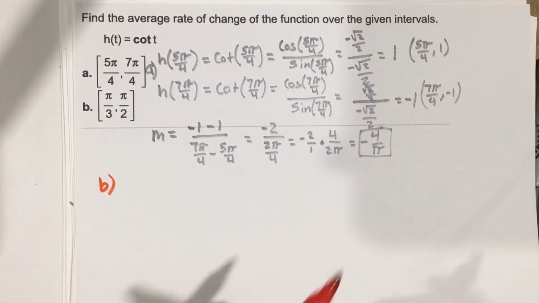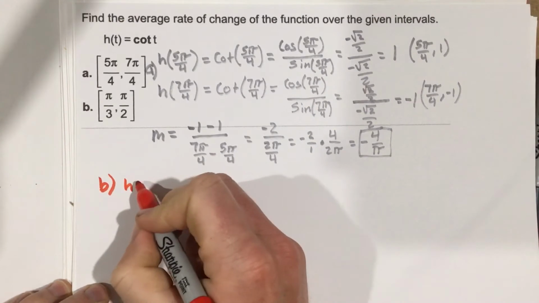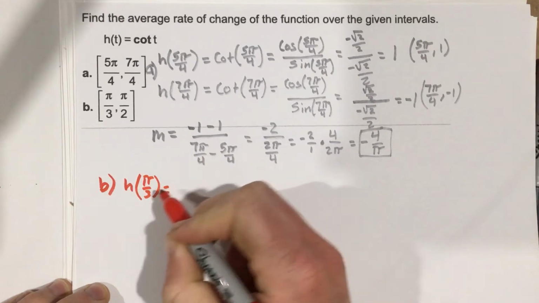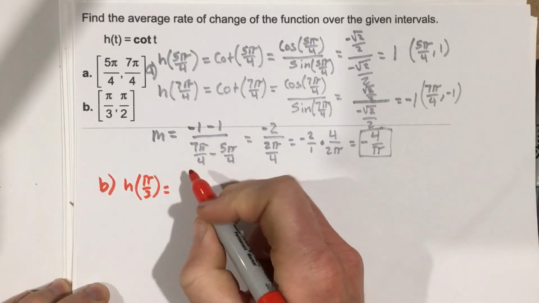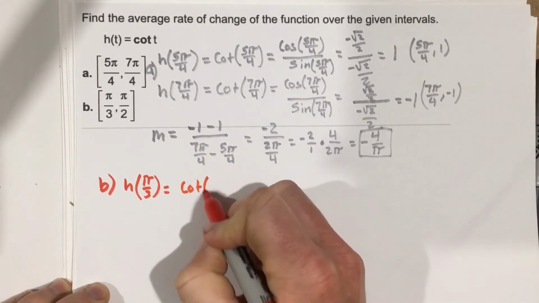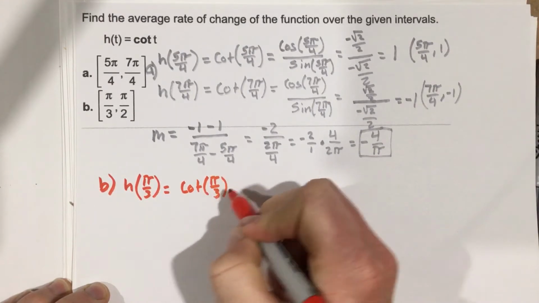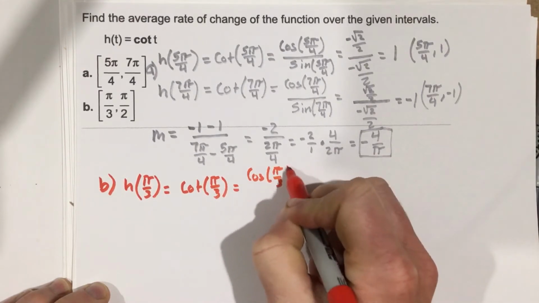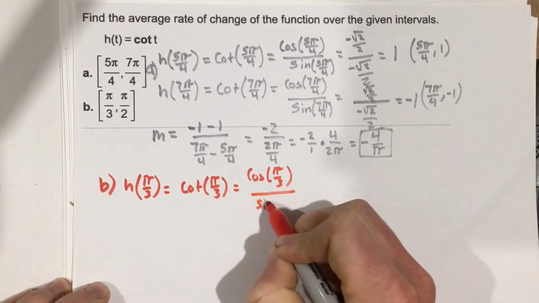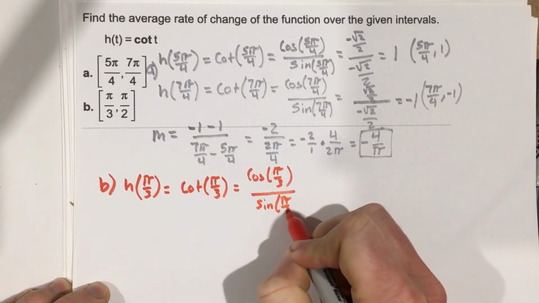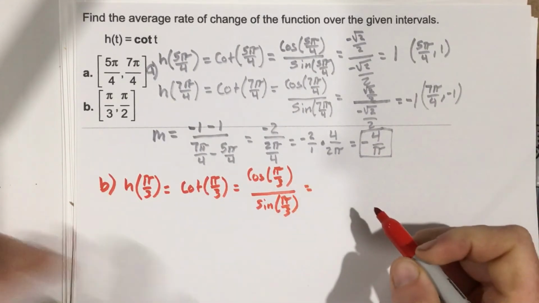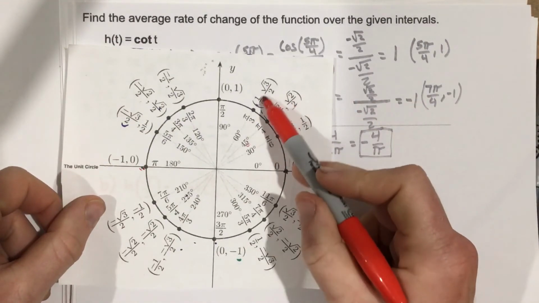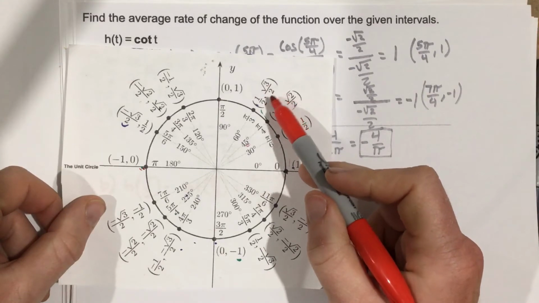We're going to do part B, and let's do part B with a different color. So we're going to go h of pi over 3. H of pi over 3 is going to be cotangent pi over 3, which equals cosine pi over 3 over sine pi over 3. So we go to pi over 3 on our unit circle. Pi over 3 is here. So it's 1/2 and root 3 over 2, right?